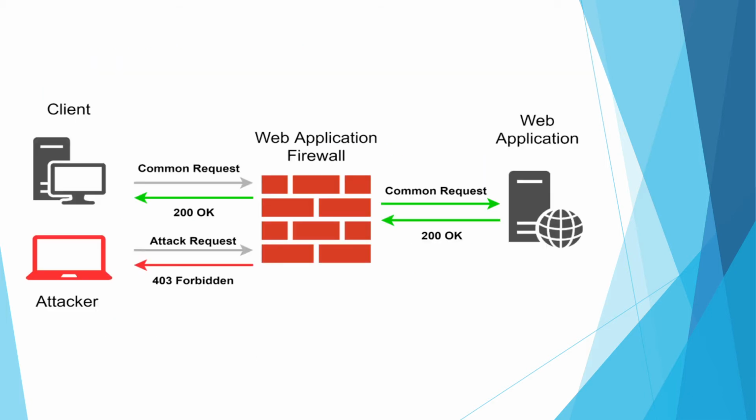So you can see when the web server or web application has the web application firewall, the client can make a common request to reach the web application directly, but the attacker cannot.